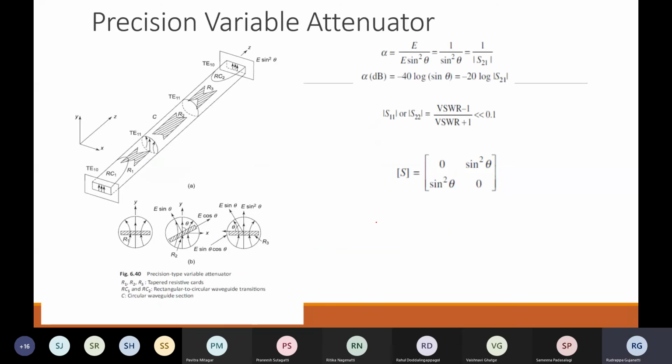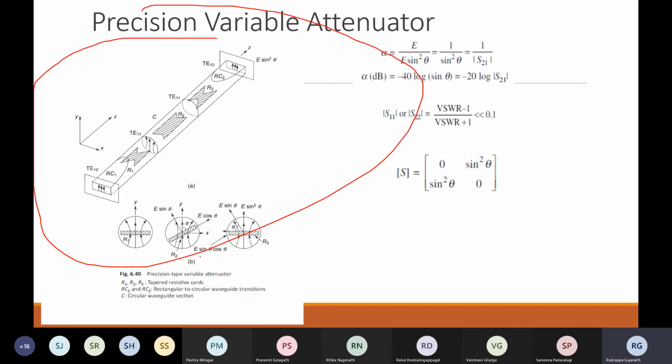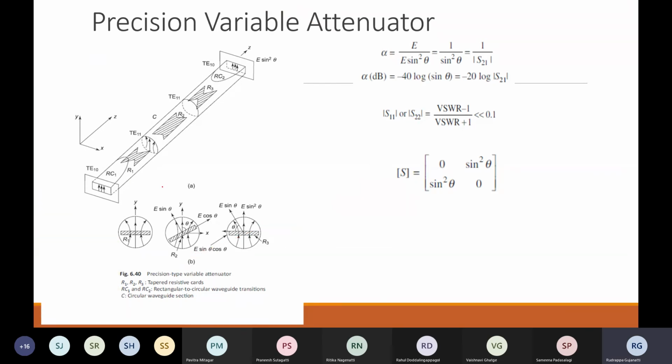Next we have a precision variable attenuator, which can be represented over here. In this one, you can observe that we have two kinds of waveguides: one is a rectangular waveguide, and we can also have circular waveguides.